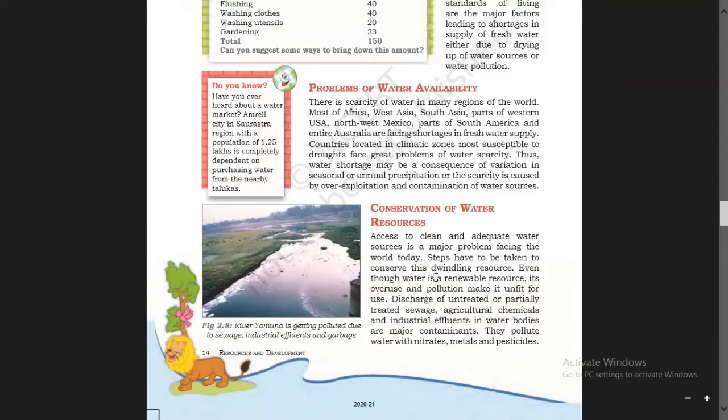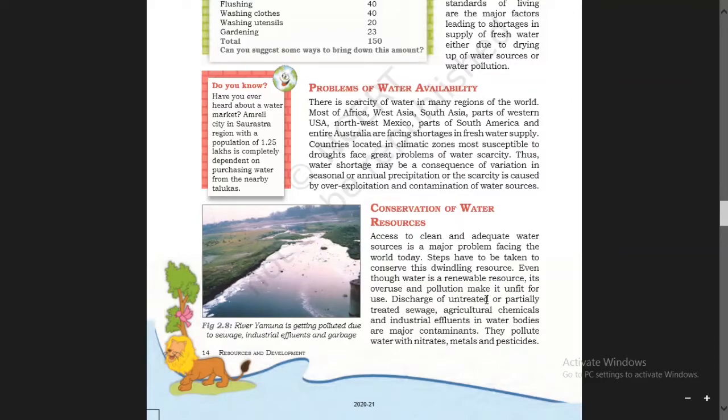Even though water is a renewable resource, its overuse and pollution make it unfit, not suitable for use.